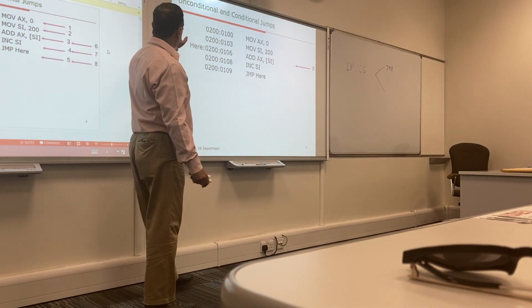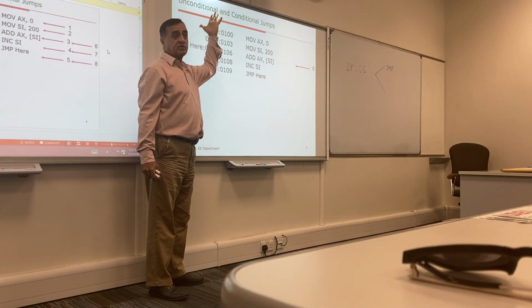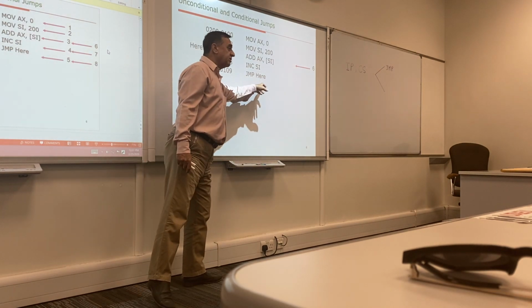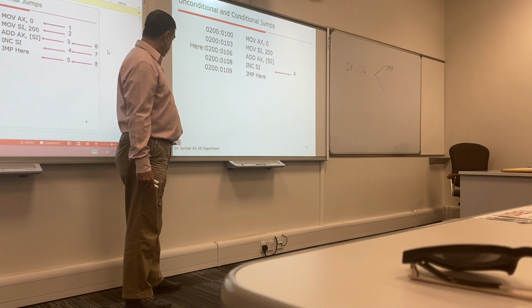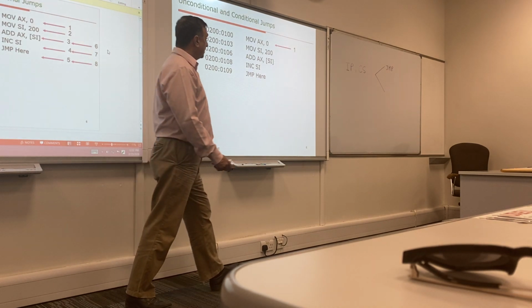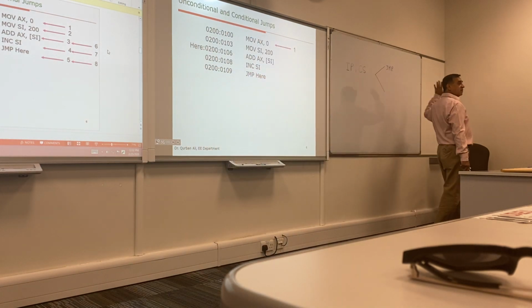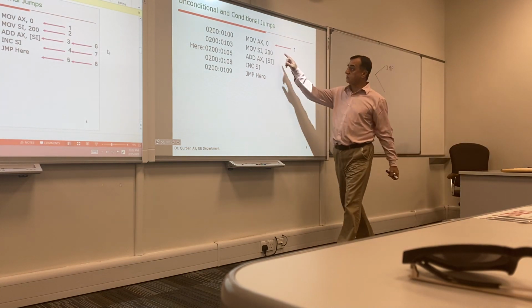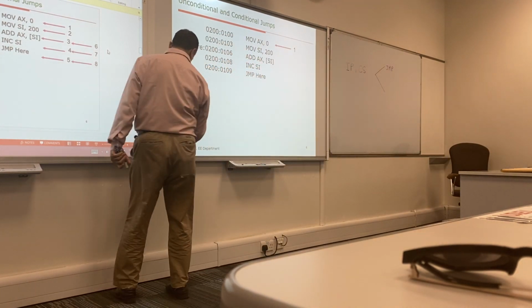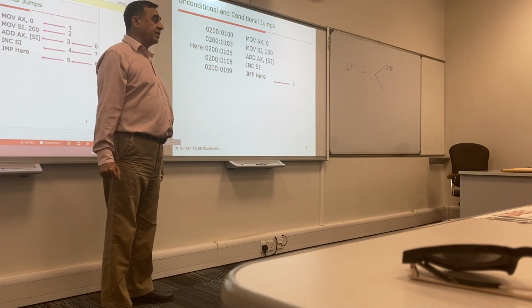Okay? So this is JMP, only unconditional, because there is no calculation when we say jump here. How do we do it again? Jump, we said, is unconditional. That means there is no calculation. So whenever the microprocessor continues the sequence and sees the jump, it will not calculate anything.